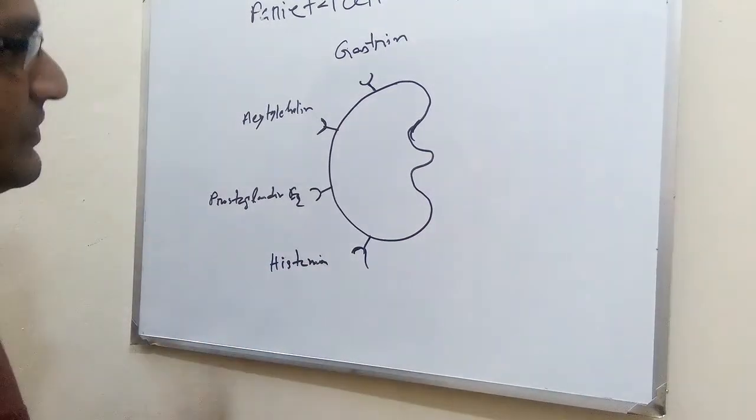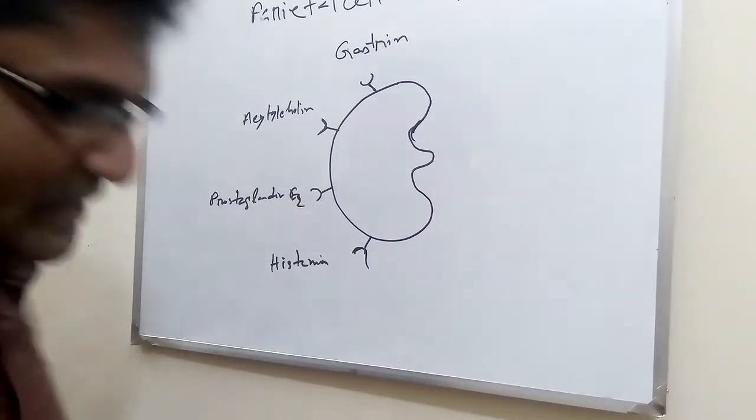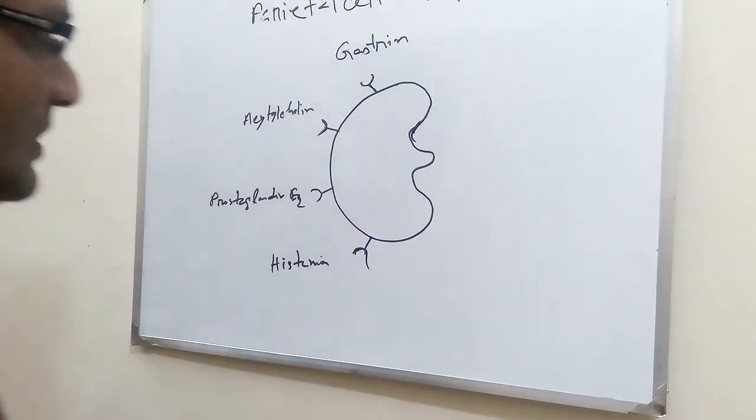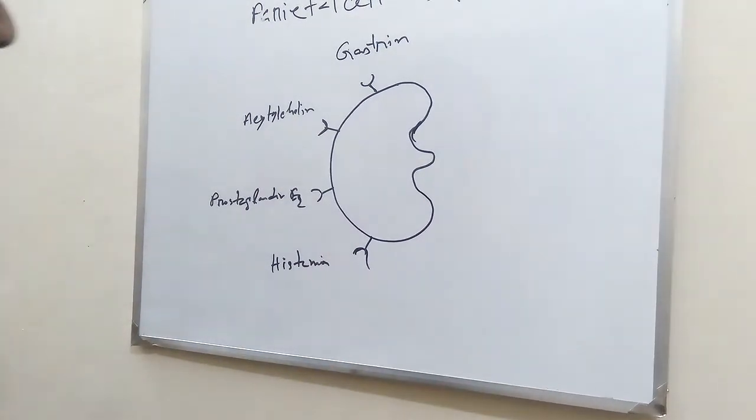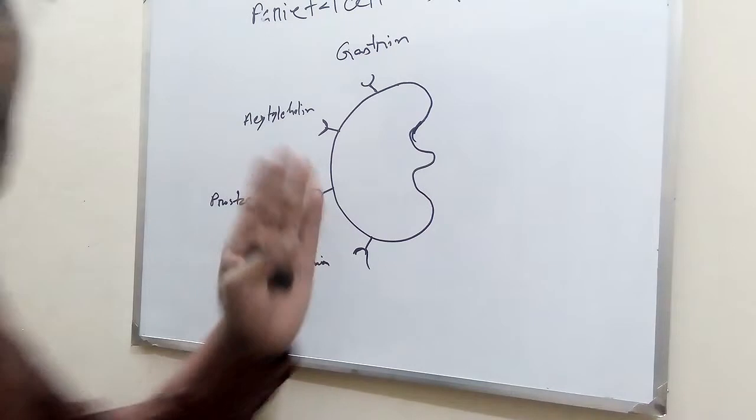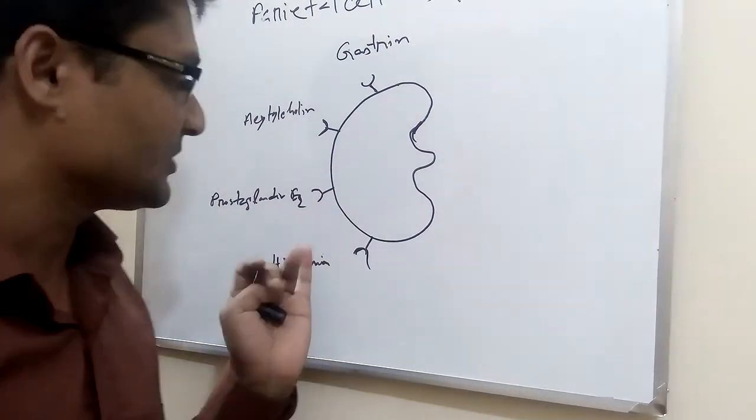Histamine. So in here the parietal cell secretes hydrochloric acid, but the hydrochloric acid is controlled by four chemical mediators.